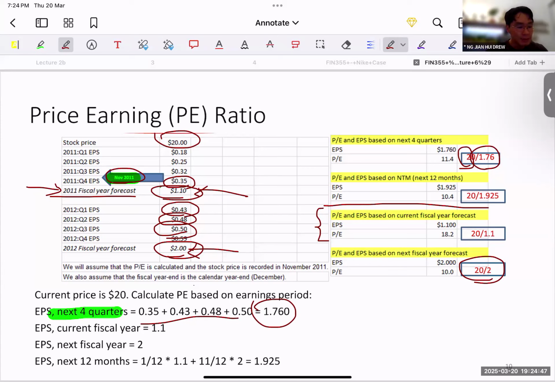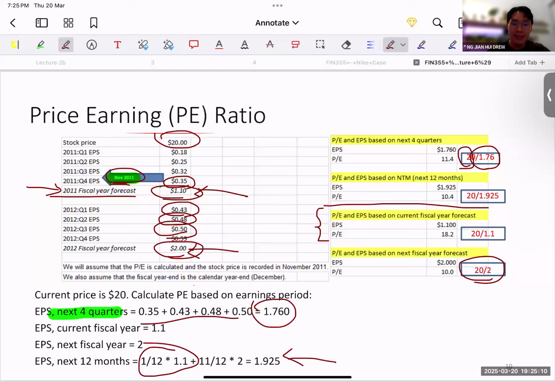And then the a bit more tricky one is this one, the next 12 months. Since we are at November, we have one more month in 2011. So we have 1 divided by 12 times 1.1, here.